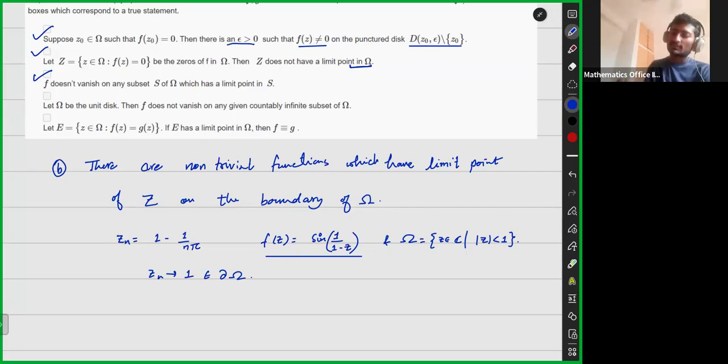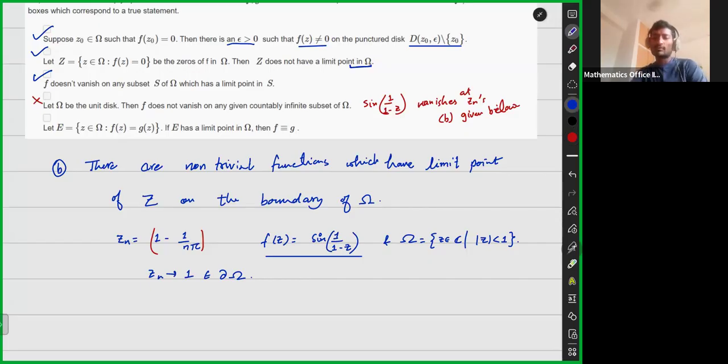So this example works: sine of 1 by 1 minus z vanishes countably many times, at z_n for n greater than or equal to 1, as given below. So this is the incorrect option.